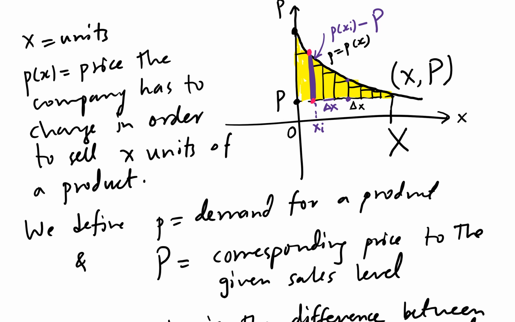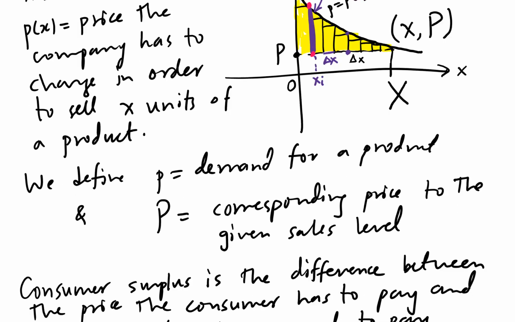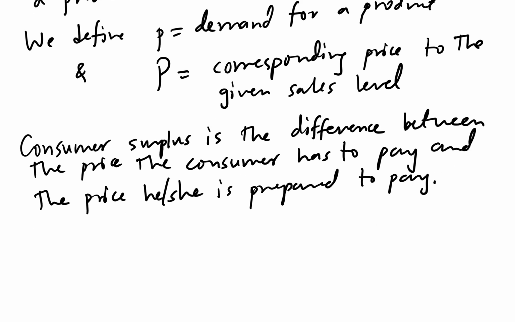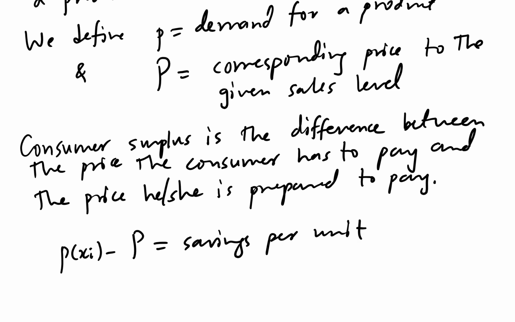So the difference, that would be the savings per unit, right? That's how much you save. So you originally were planning to pay that much, you ended up paying less. So that difference is how much you save per unit. So we can say here, p of xi minus capital P is the savings per unit. And delta x is going to represent the number of units.